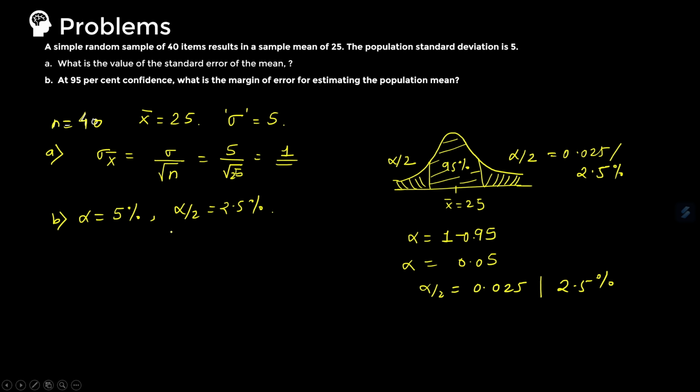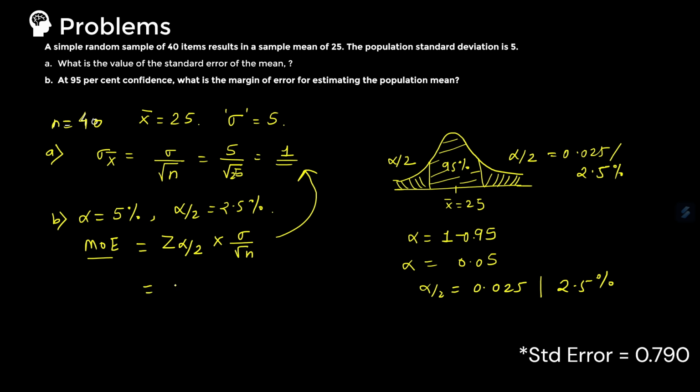Now what we need is to calculate the margin of error. I'm writing it in short form as MOE, margin of error. So we have the formula Z alpha by 2 into sigma by root n. This we have already calculated: sigma by root n, which is our standard error. We only need Z alpha by 2.